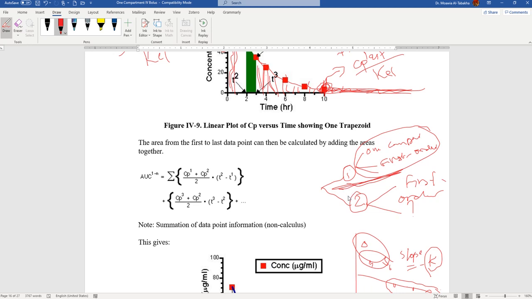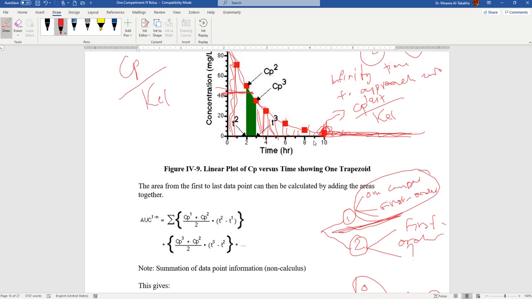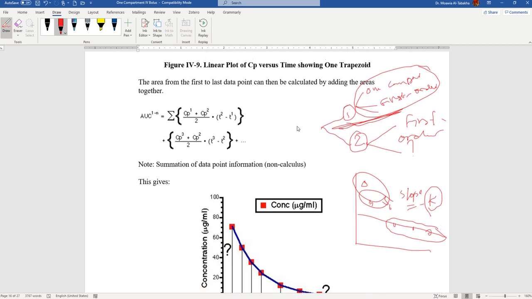We know it's one compartment and we know that it's first order. That's why we calculated KL from the whole data points. لأنه إذا عندنا one compartment, first order and IV injection, all of them on semilog paper will make a straight line, and from that we can calculate the KL.